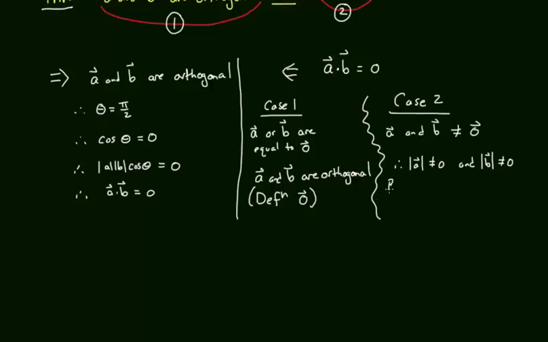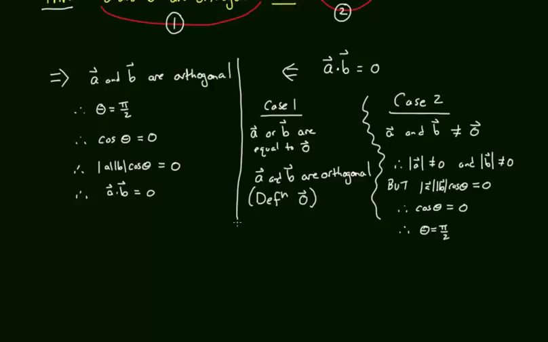But we know that the magnitude of A times magnitude of B times the cosine of theta has to equal 0, and since neither magnitude is equal to 0, we conclude that the cosine of theta has to be equal to 0. And since the cosine of theta has to equal 0, and theta is between 0 and pi, we know that theta has to equal pi over 2.